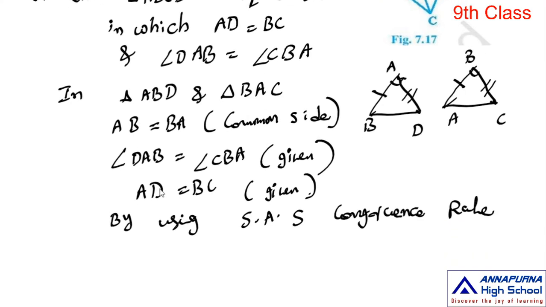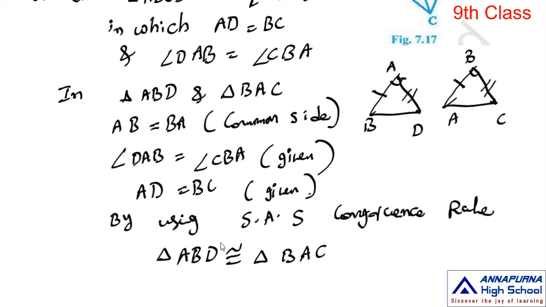So triangle ABD is congruent to triangle BAC. The first condition is proved.